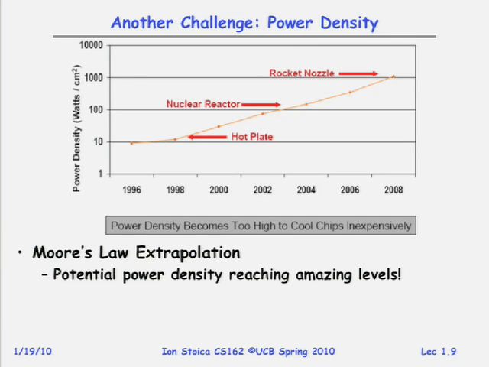In 2000, at the end of the last decade, it was a hot plate. Then you go all the way to 2008, and it would be something like a rocket nozzle. Huge power. What are you going to do with it? It's not great to have such a machine running at such a high temperature.